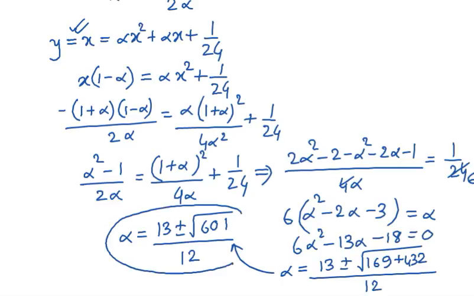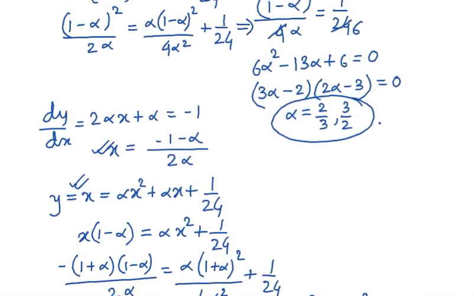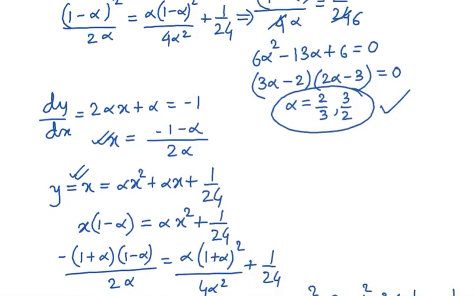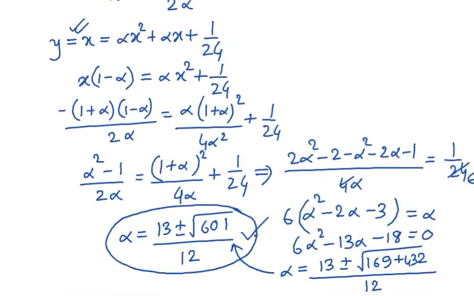So these are other two possible values of alpha. So the final answer will be alpha equal to 2 by 3 and 3 by 2, as well as these two irrational values.